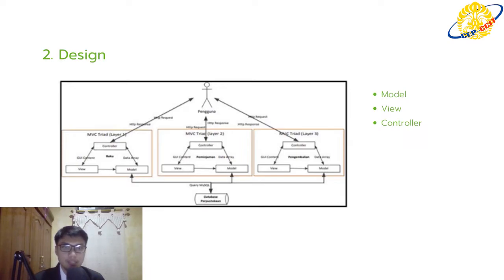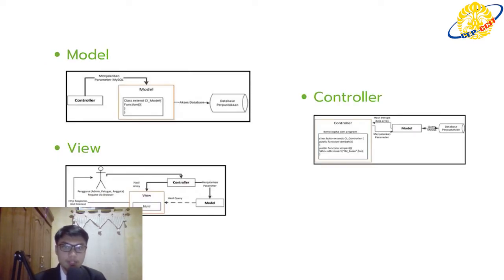The system design can be divided into two parts: system design in general and design in detail. And as you can see, there are three designs: the model, view, and controller. First one is the model.